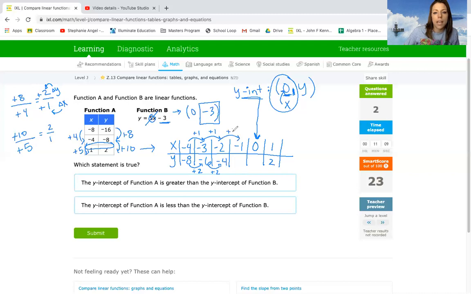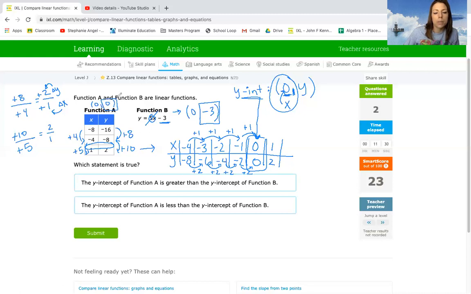I add 1 to the X, add 2 to the Y, -4 plus 2 is -2. Add 1 to the X, add 2 to the Y, -2 plus 2 is 0. So my Y-intercept in function A is 0, 0.